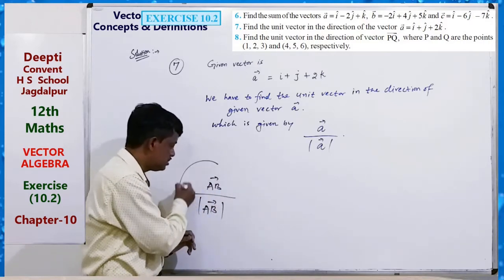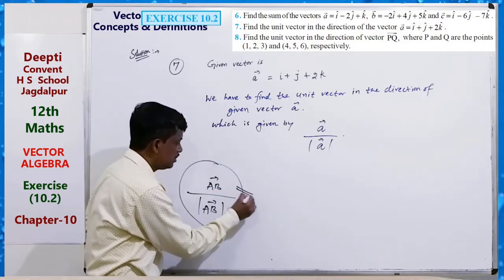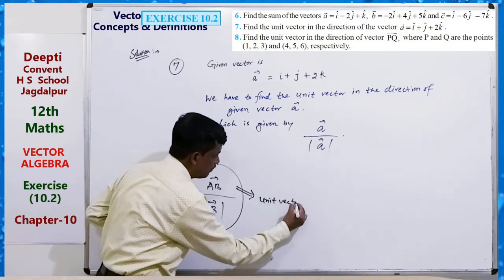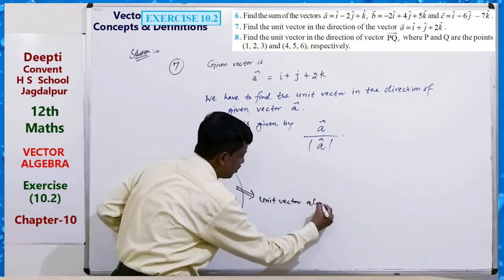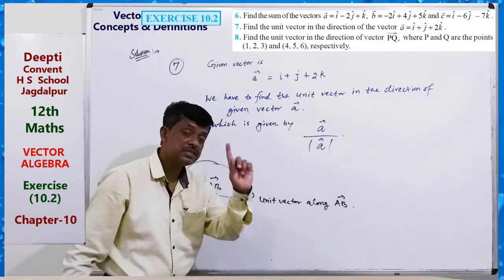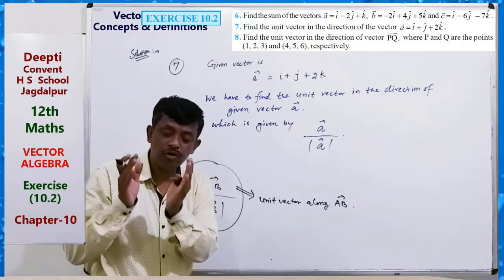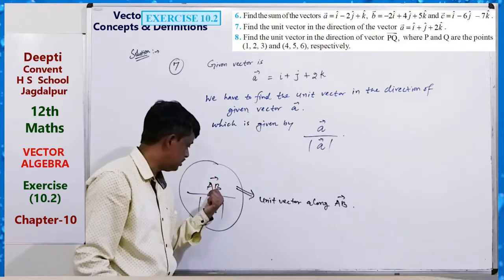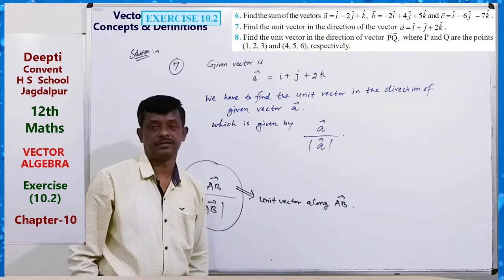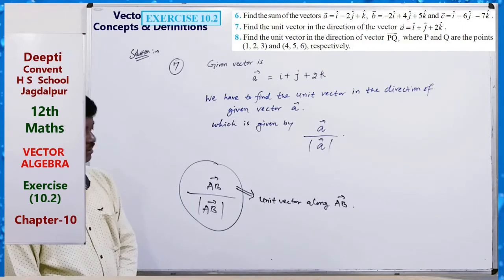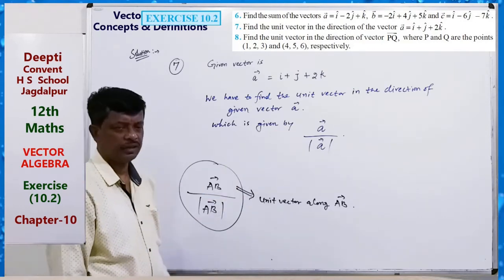Then this is the unit vector along AB. Unit vector means a vector with modulus 1 but the direction of this vector.